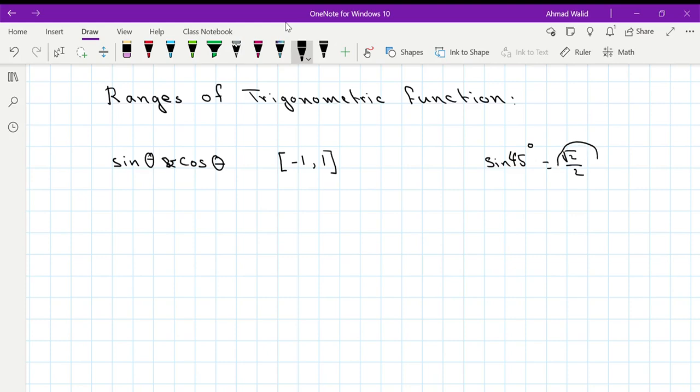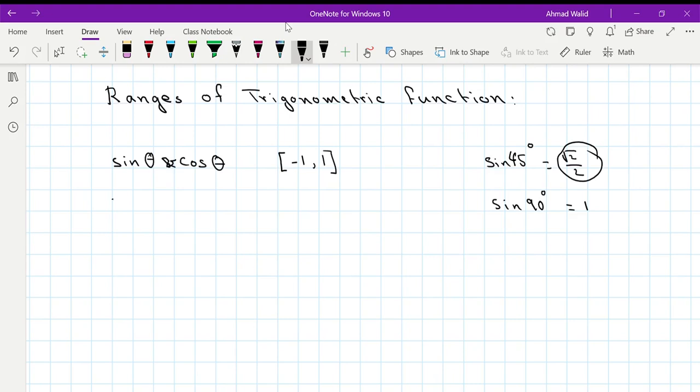You see, radical 2 over 2, for example, is a number between 1 and -1. Or you already saw that the sine of 90 degree was 1, correct? It cannot be more than 1. It's also a number between 1 and -1, correct?